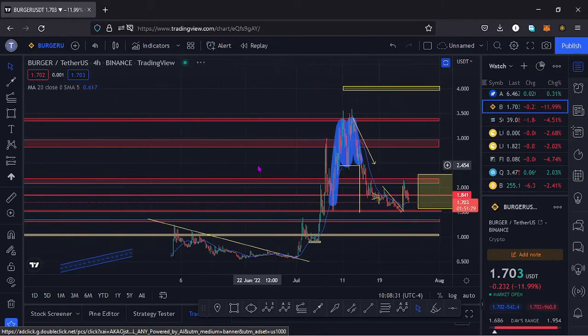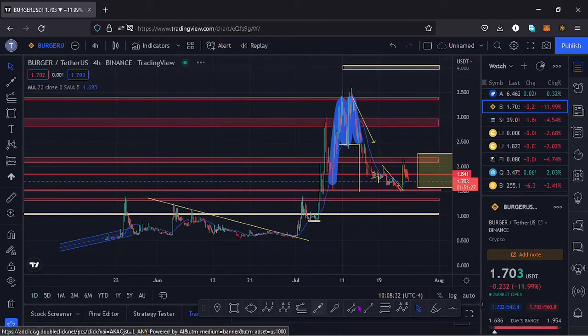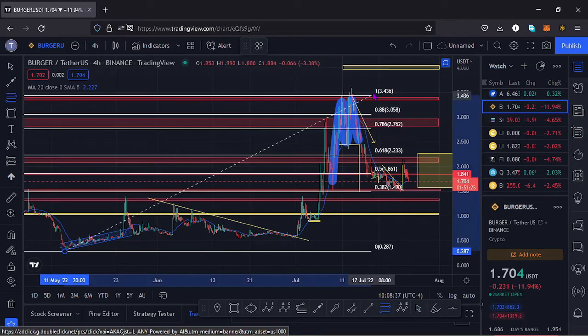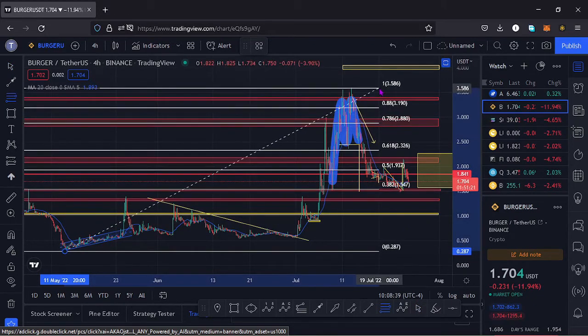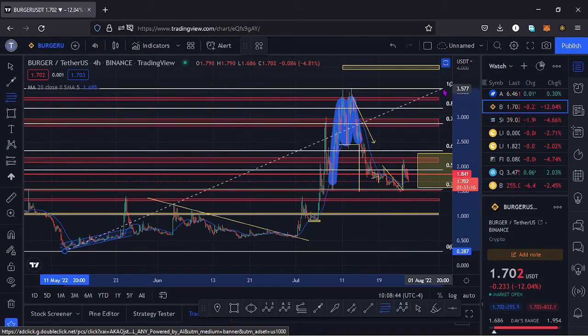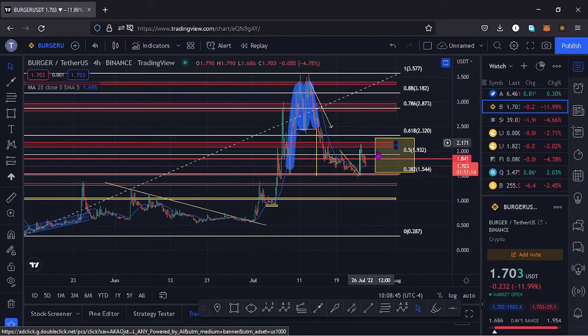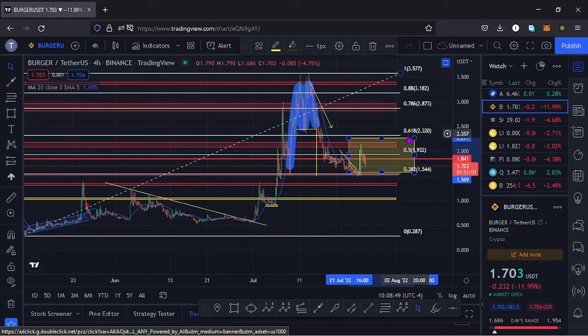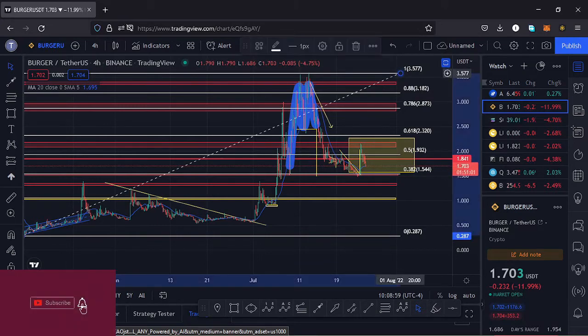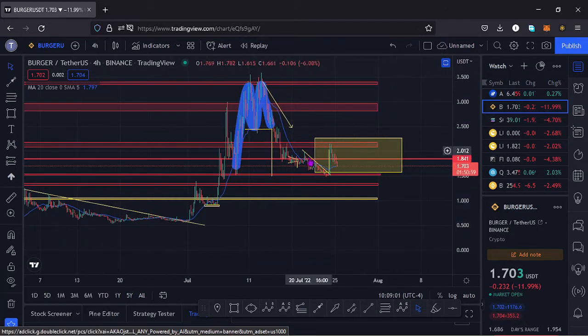So if I zoom out on this chart and then apply the fibs, connecting this low down here to the high that we made at around the $3.5 mark, that gives us a target area for that retracement to the lower side between the fib level 0.618 and the fib level 0.382, which is the minimum that I expected this wave to the lower side to retrace to, and that is the move that we are in at the moment.